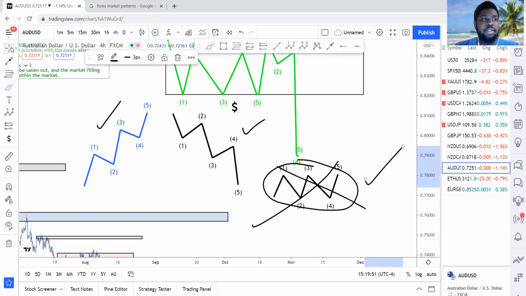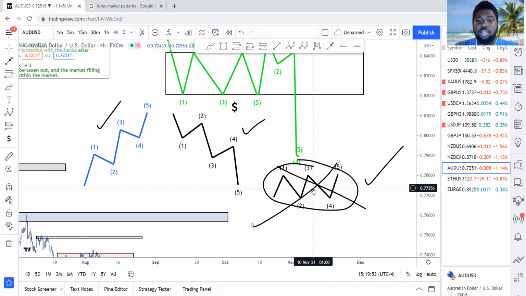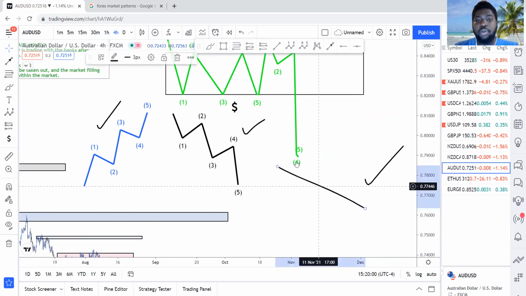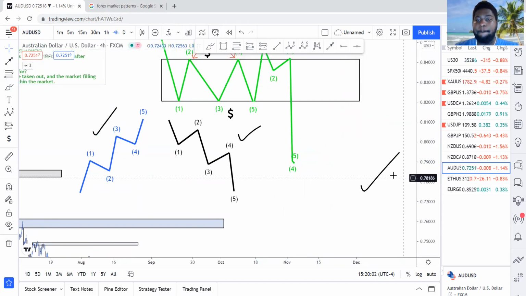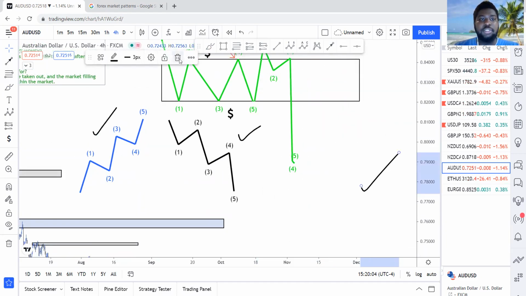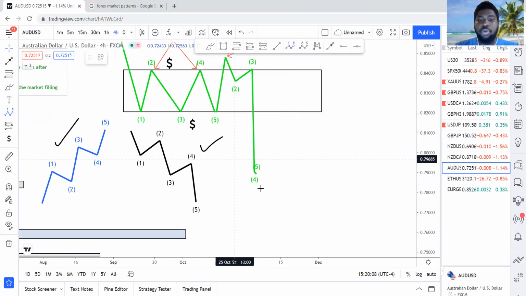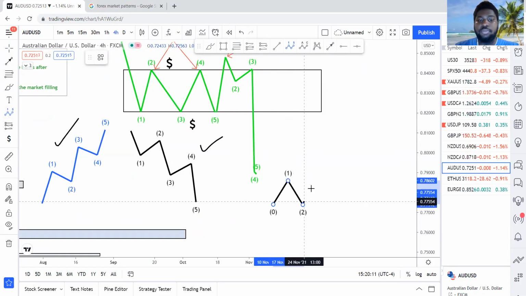Let me delete all this. So let's take a look at the sideways market. That's what we're going to be focused on today, okay? This is known as consolidation. Let me do it over. So we have sideways.